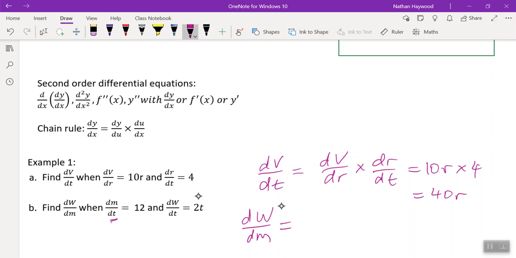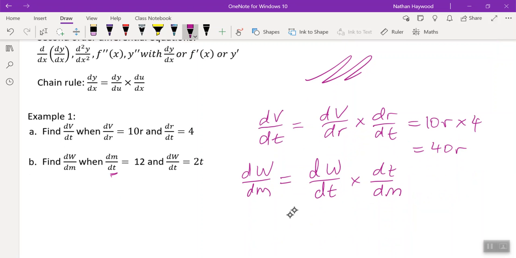So we want W up the top, so let's keep this, and we're going to have to flip this guy. So that one is 2t, and that one is, because we flipped it, 1 over 12. So when you equate those, t over 6.